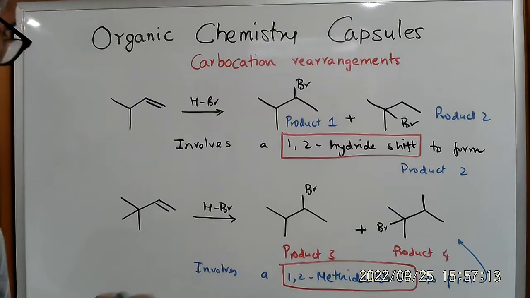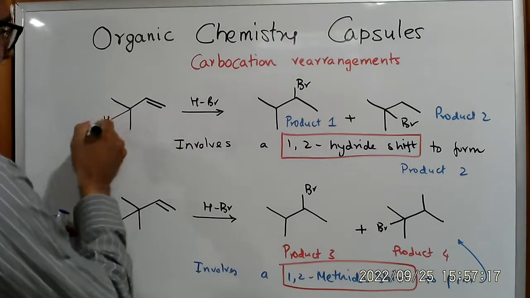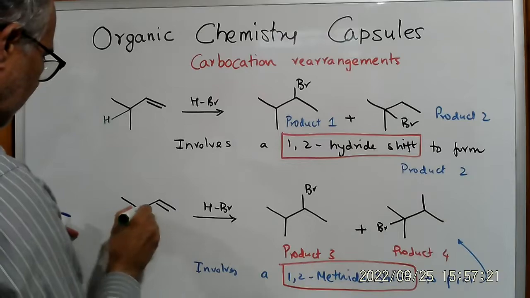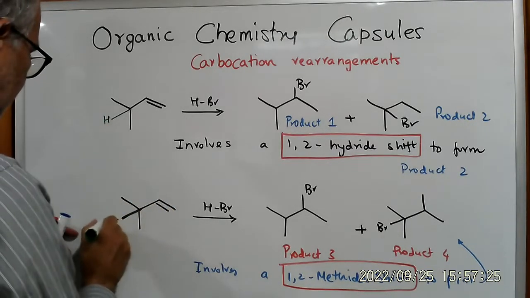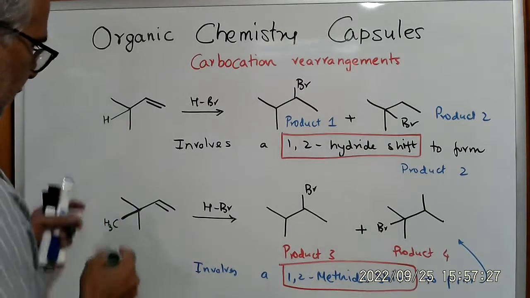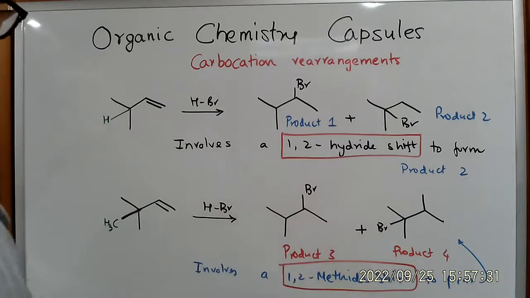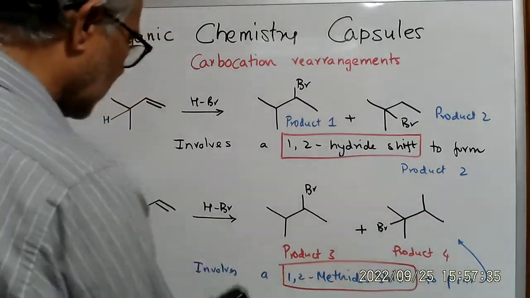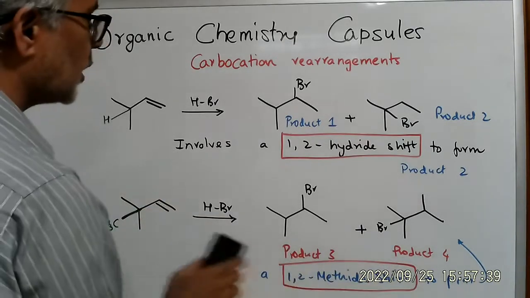The difference being, instead of a hydrogen there in the previous video, here now we have a methyl group. Hydrogen versus methyl group, that's the only difference. But because it's a different compound, you get different products. We'll see in a little more detail how this rearrangement occurs.